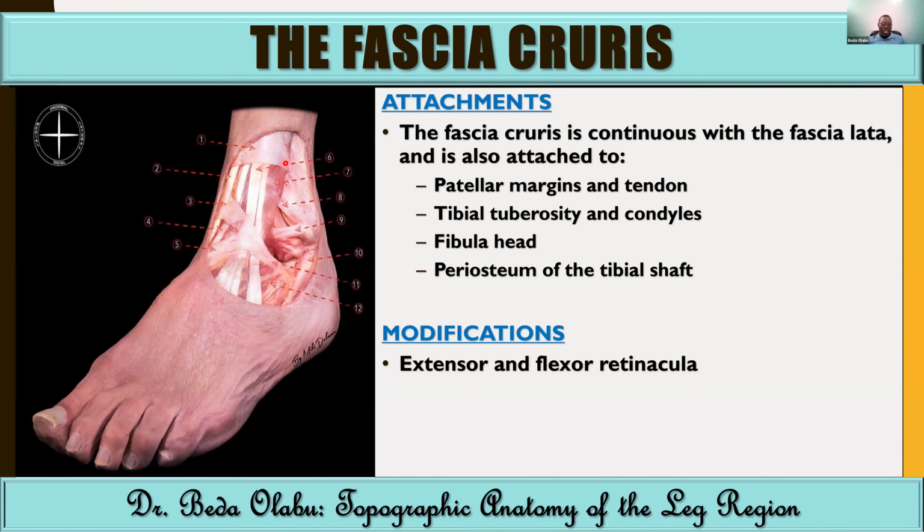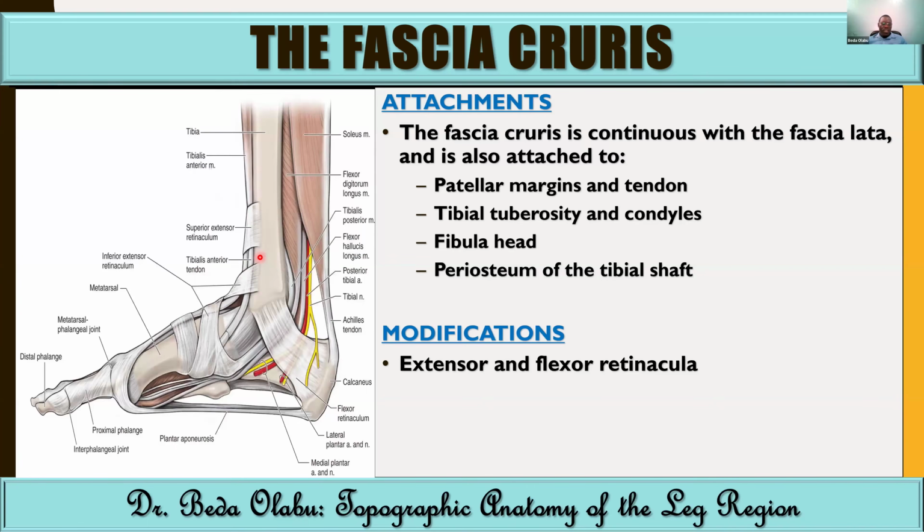So this is the superior extensor retinaculum, and this is the inferior extensor retinaculum that is Y-shaped. These retinacula hold the anterior tendons and neurovascular structures around the ankle so that they do not bowstring. This shows you the retinaculum, the superior as well as the inferior one.